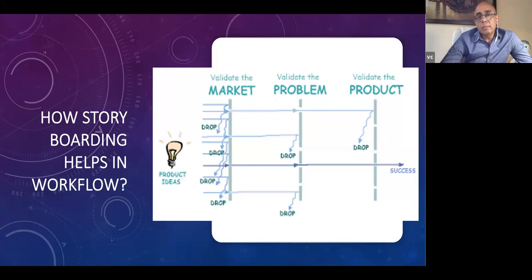And let's say some of the points you are able to take through to the next level, which is to validate the problem. Now you basically got the market validation, you want to now validate the problem, and you can validate up to the product. But when you're trying to validate the product or the far end, you may have to drop certain features. So it becomes an iterative process to help you in driving from a product idea to a launch.